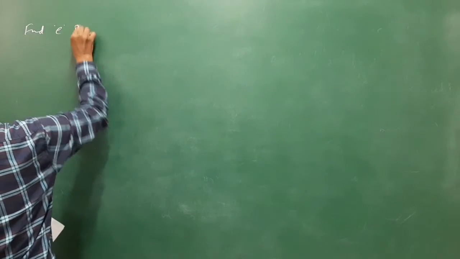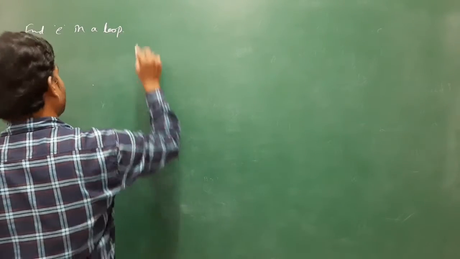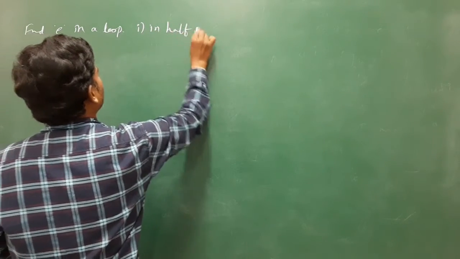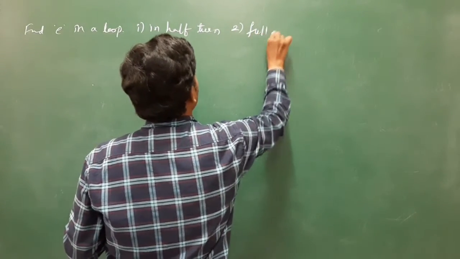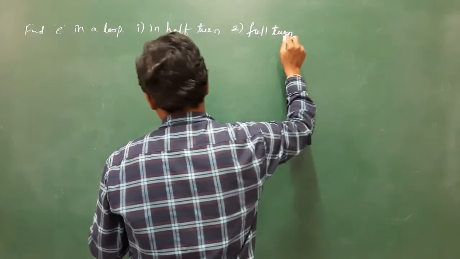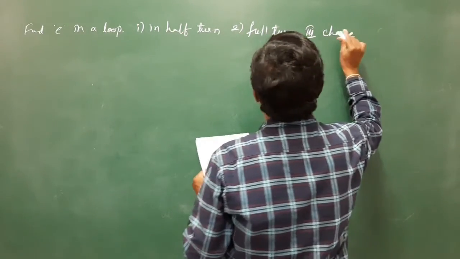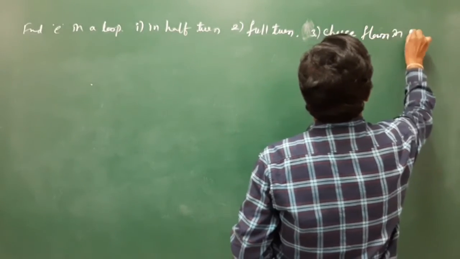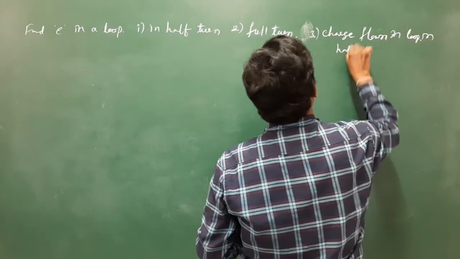So let me write: find induced EMF in a loop as shown in the figure. The loop has to rotate a half turn, the loop has to rotate a full turn, and we have to find the charge flown in the loop in half turn.